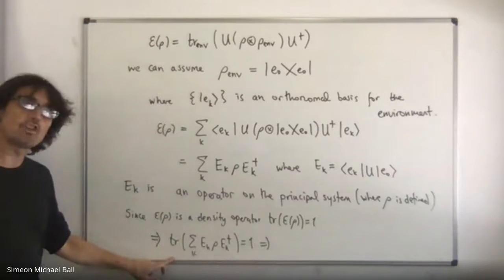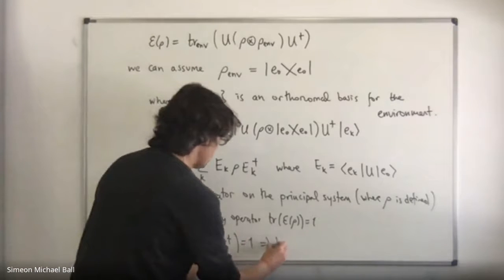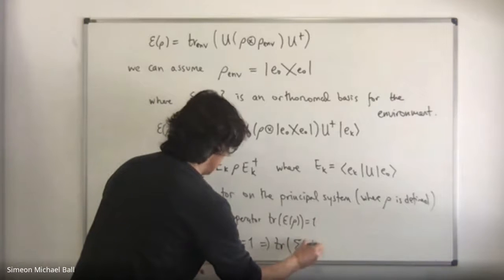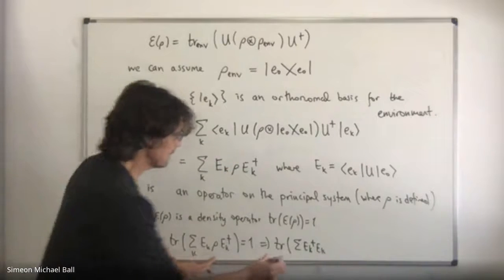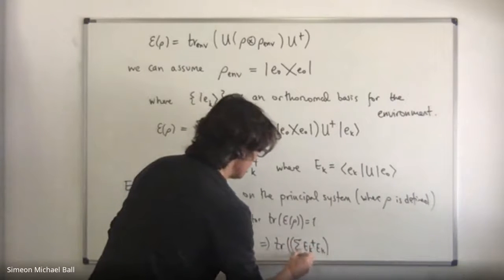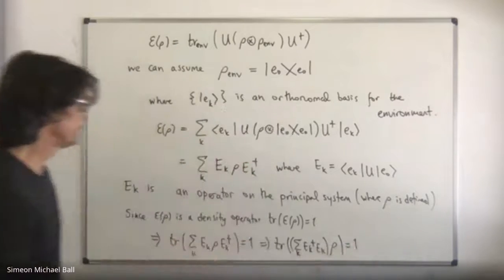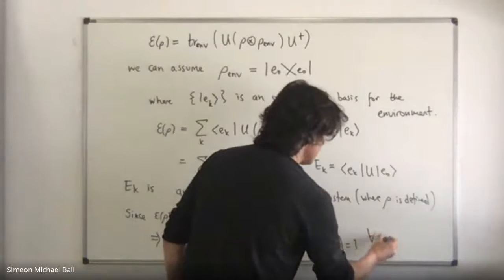But we saw that the trace has the cyclic property, so this is just the trace of the sum of E_k dagger E_k times rho, which we can then take out. So this is trace of rho is equal to 1, for all density operators rho.